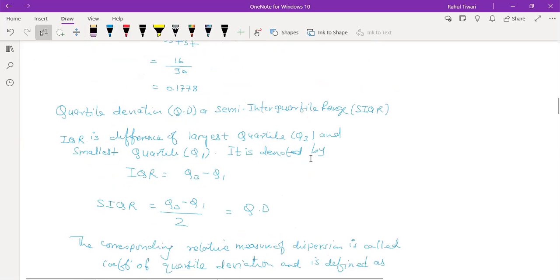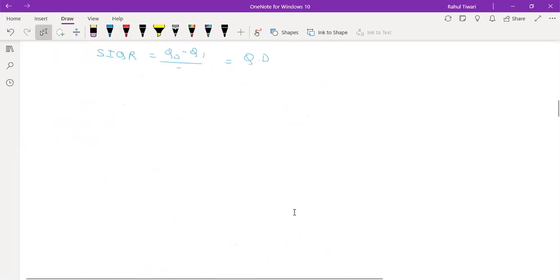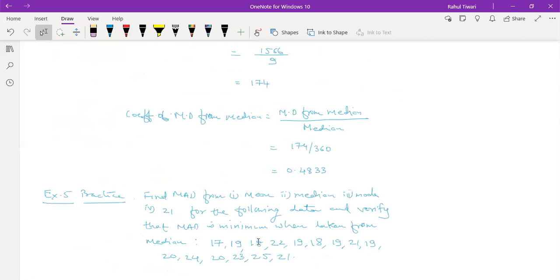MD is done, correct? Coefficient of MD is done. Let's go to the next part. Standard deviation. And this standard deviation is, I can say, out of all of this, very, very important.